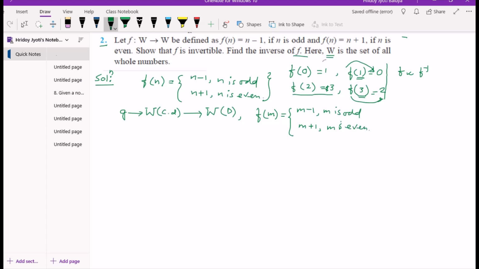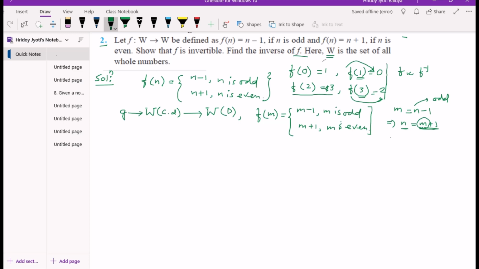Let me explain where this came from. We take m equal to n minus 1, where n is odd, and we find n in terms of m. Please understand, when n is odd, m has to be even.